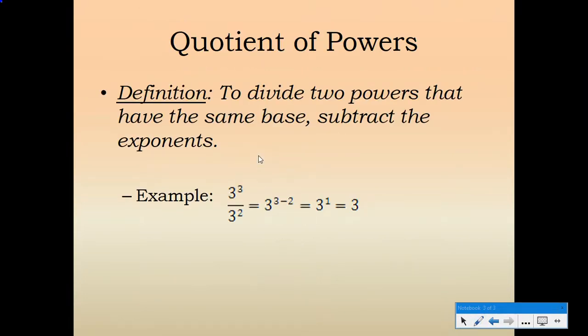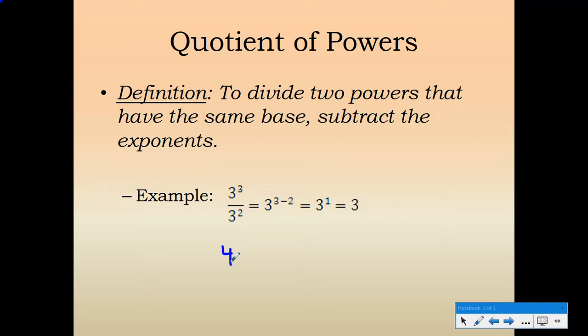So when you're dividing two powers that have the same base, you're going to subtract the exponents. So when same bases are multiplied, exponents are added. When you're doing the inverse operation and dividing bases that are the same, you're doing the inverse of adding, subtracting the exponents. Okay, and here's your previous example, and it's just much faster to do this than expanding it out.